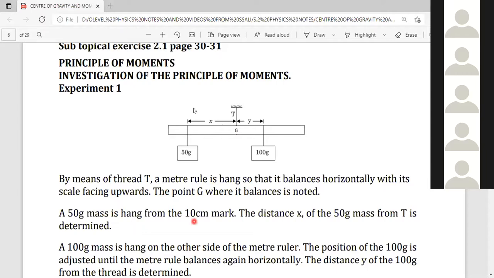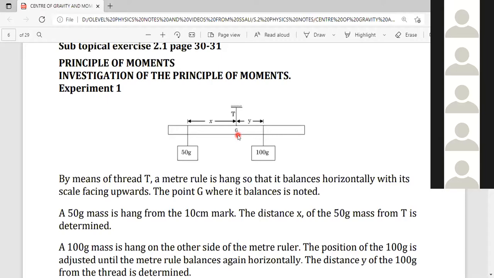So that's 10 centimeter, right? That's why we put it there practically. Then the balancing point, do you remember our balancing point we are using in this experiment? What was it? So I'm not sure.